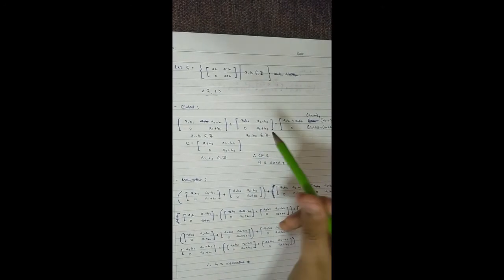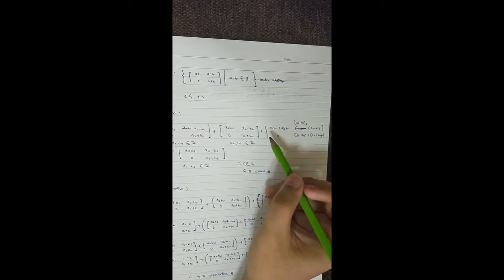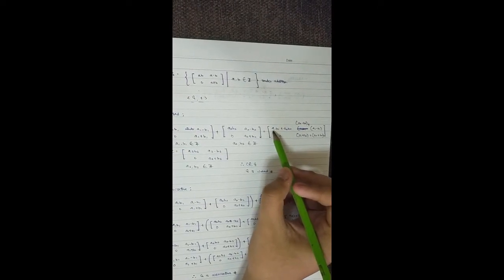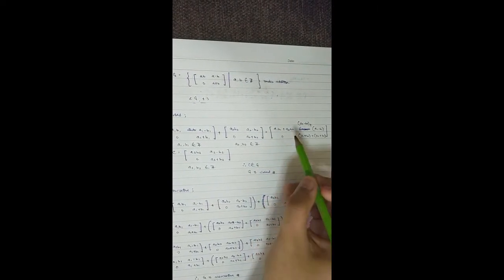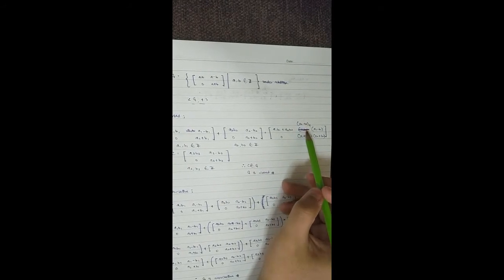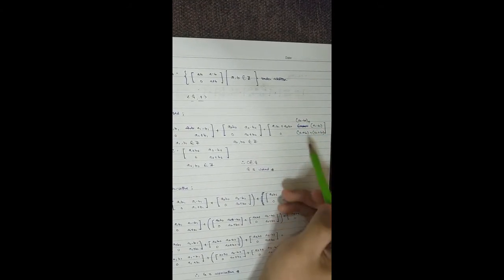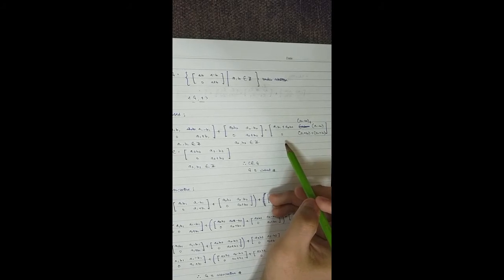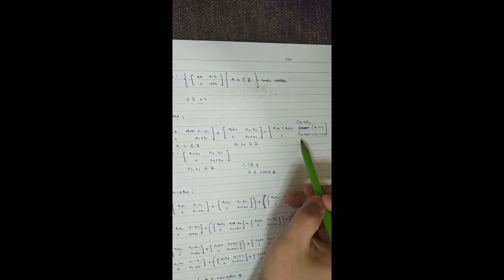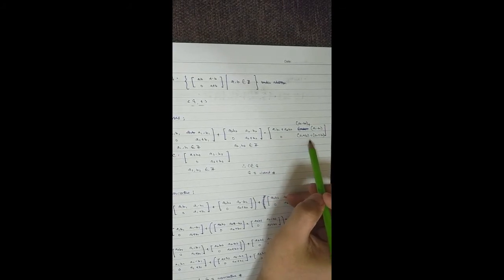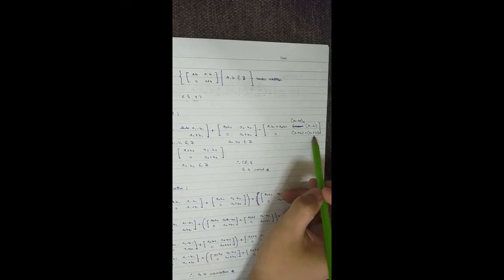We can get (a1 plus a2, b1 plus b2, a1 minus b1 plus a2 minus b2, 0, and the last one a1 plus b1 plus a2 plus b2).